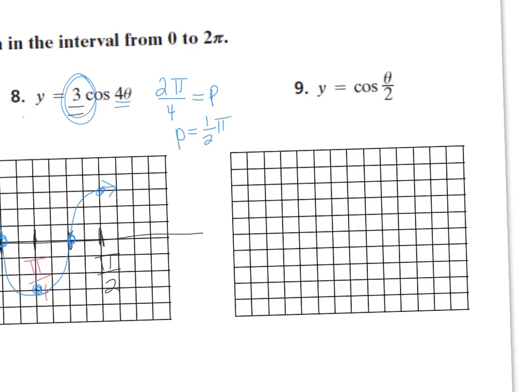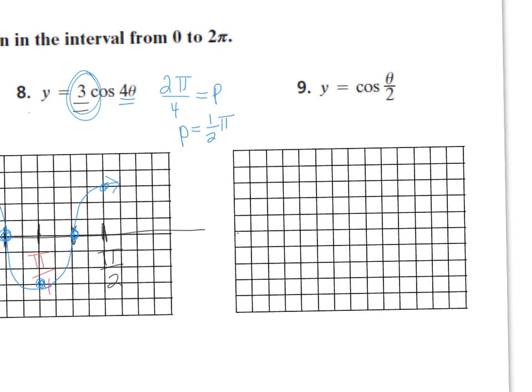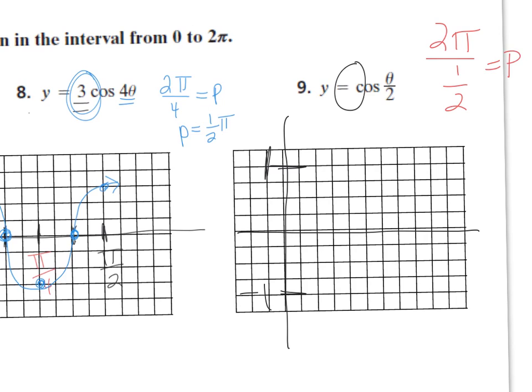And then this problem over here, the a is 1, so the amplitude's 1. So I'll go up, this is 1, this is negative 1. It's not reflected at all because this number is positive. Then this is 1/2, so 2 pi divided by 1/2 equals the period. 2 divided by 1/2 is 4, because there are 4 halves in 2.